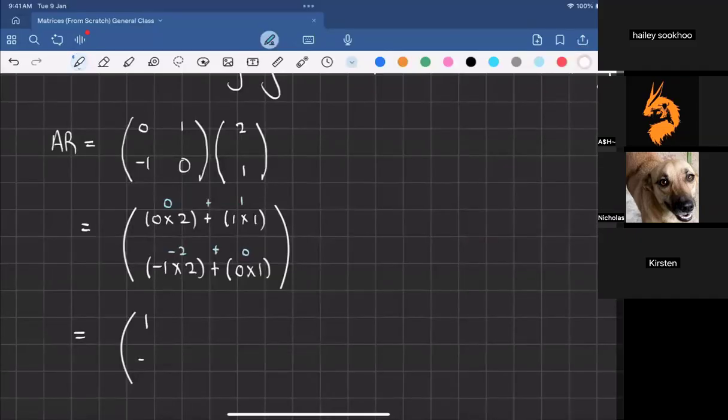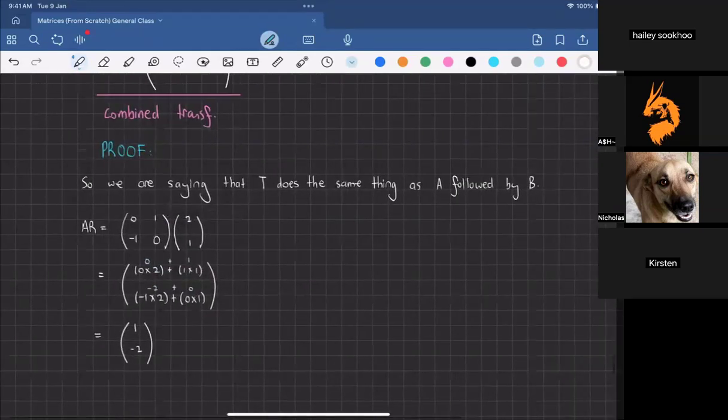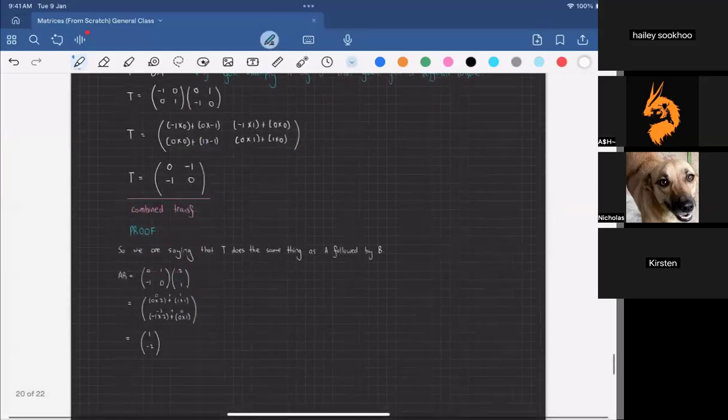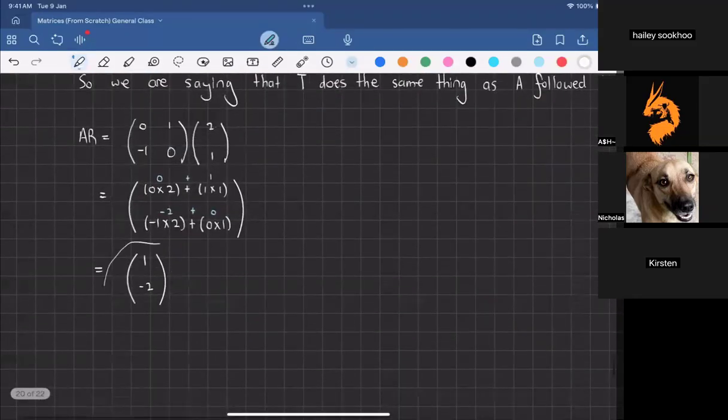It would be -2. Notice, Sasha, if our object was 2, 1, then our image has to be in the same format. So our image would be 1 comma minus 2. You understand?